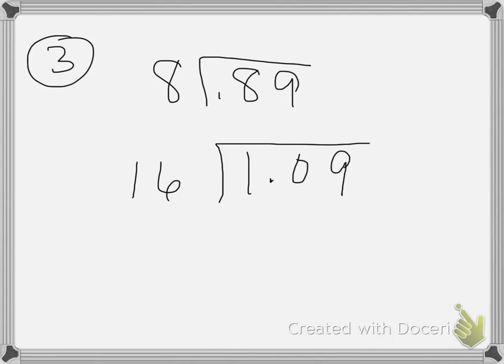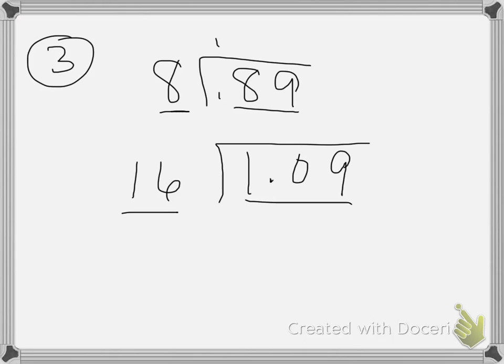You divide the size, which here, the first one is 8 ounce, into the price, which was 0.89. Then the second one, you divide the size, which is 16, into the price, which is $1.09. So once you divide all of those, I'm just going to go ahead and give you what I've got.